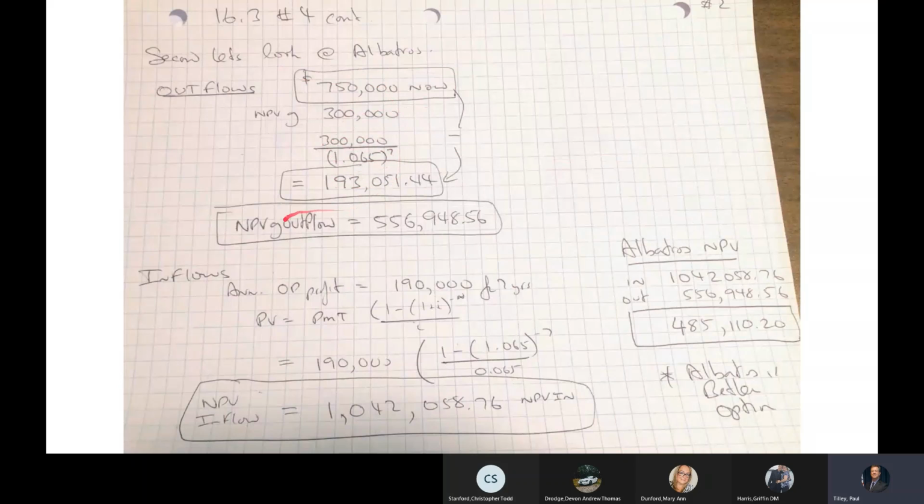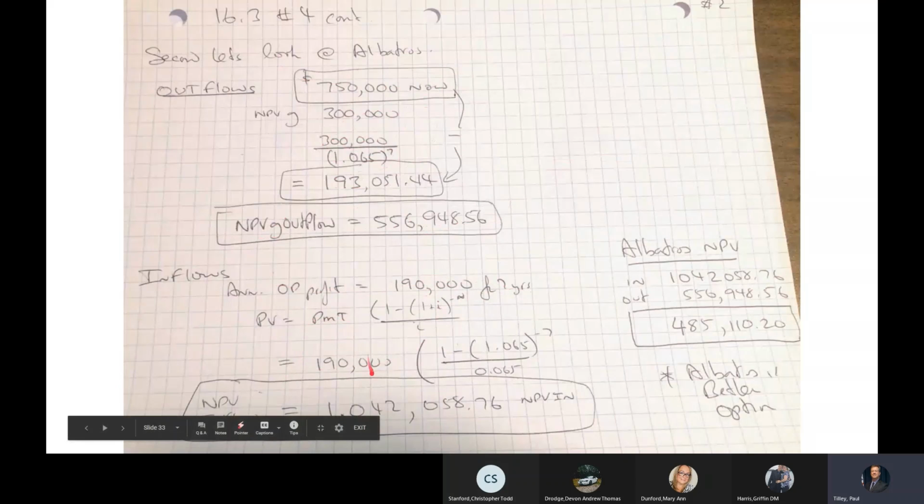So the net present value of the outflow then is $556,948, which is just how much you spend now versus the present value of what you're going to get back. So the Albatross is going to cost us $556,900 in outflow. And we also know that the Albatross is going to make $190,000 for 7 years. So we'll calculate the inflows. So here, this is an annuity, $190,000.